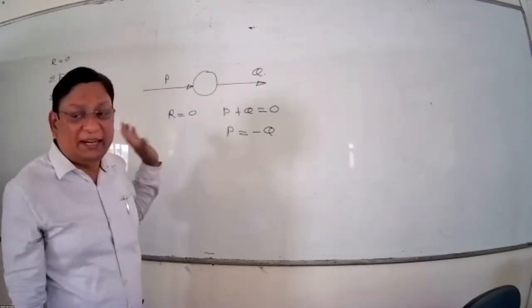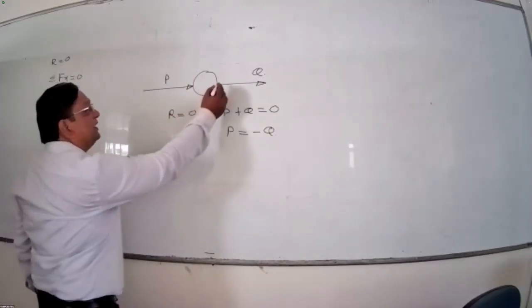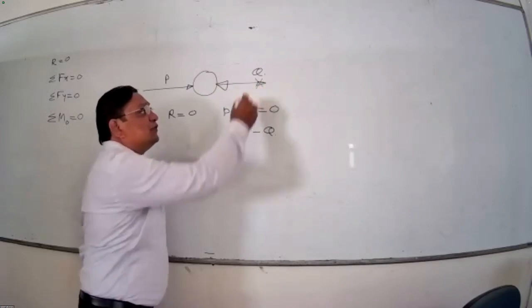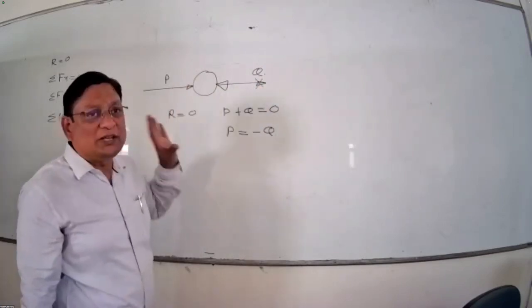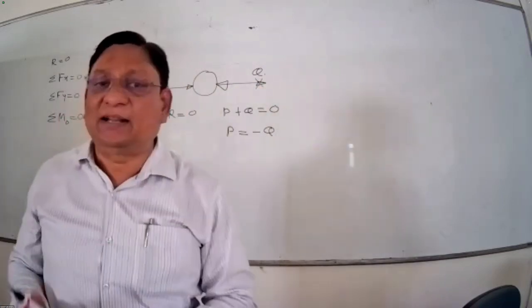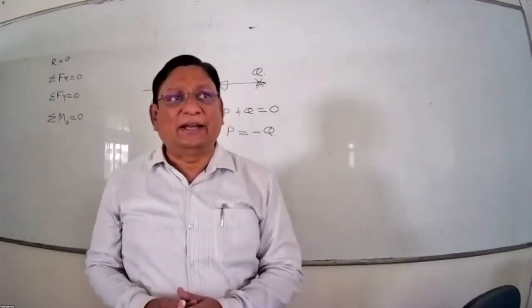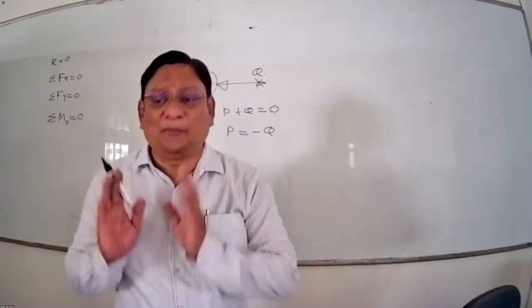So Q has to be along this direction. If I take this direction, it will be wrong. So this is the two force equilibrium. Once again, both the forces must be of the same magnitude and act in the opposite direction. So the two force system is done.